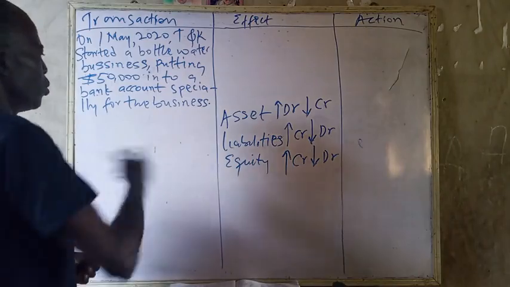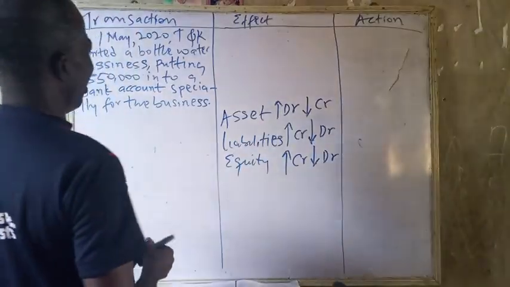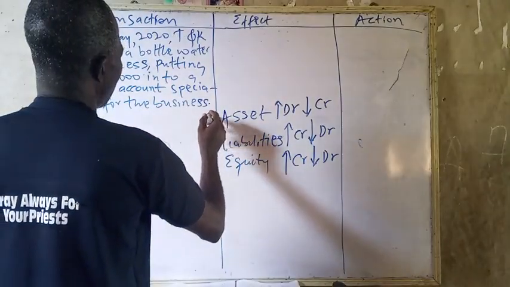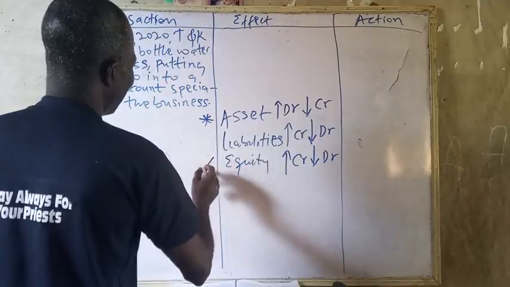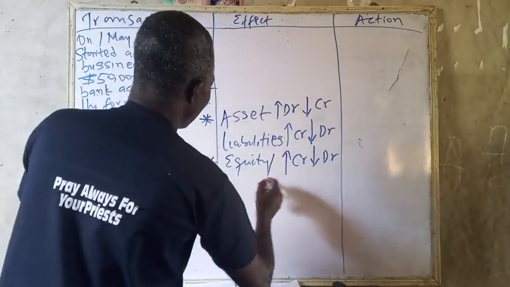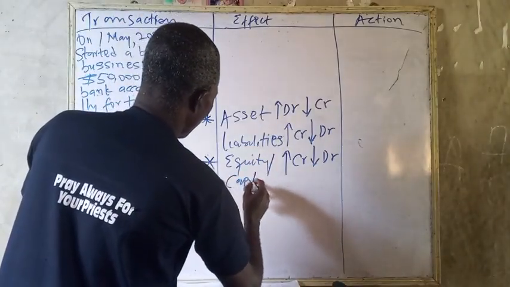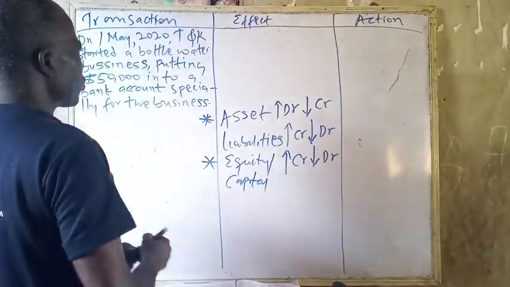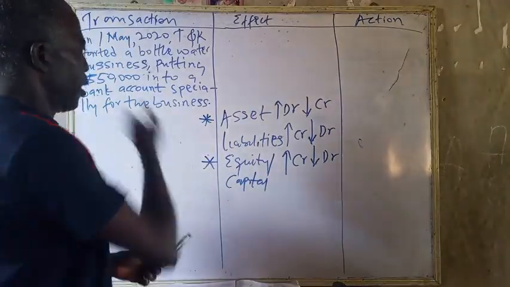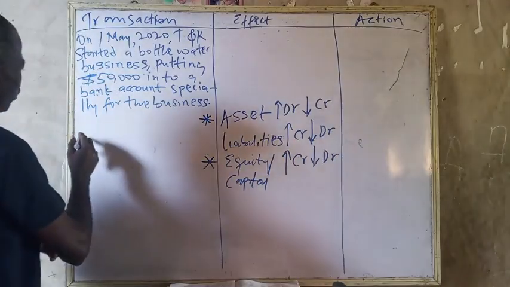So the effect here concerns what? Asset and equity. Another word for equity is capital. So when assets, let me just demonstrate like this.